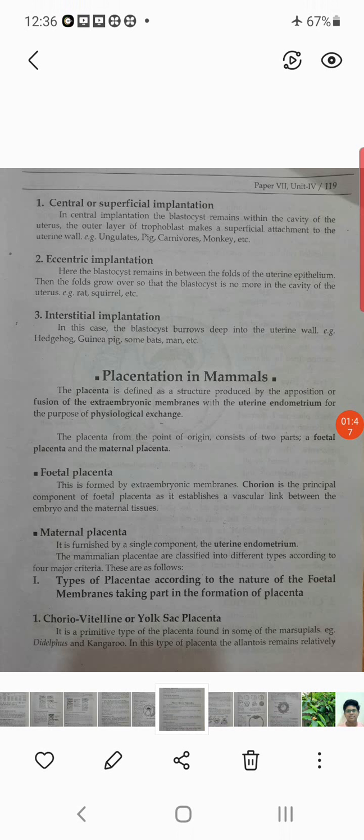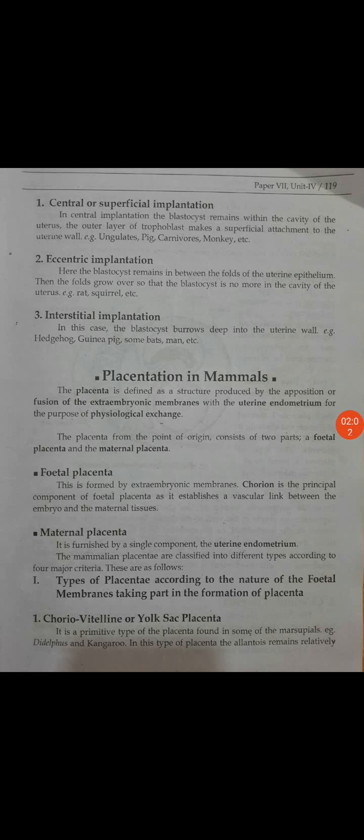It is formed by the extraembryonic membrane. Chorion is the principal component of fetal placenta, and it establishes a vascular link between the embryo and the maternal tissue. We have seen the extraembryonic membrane. The chorion, the outermost membrane, takes part in the formation of the fetal placenta.